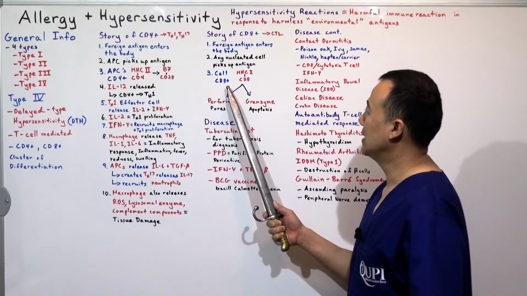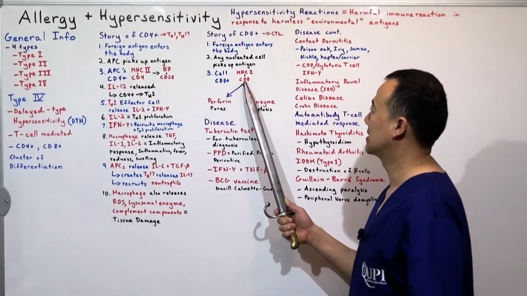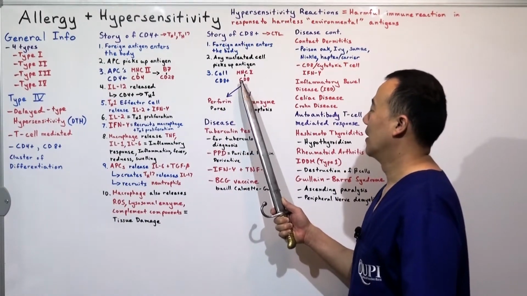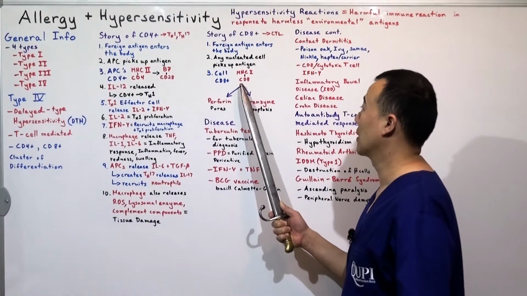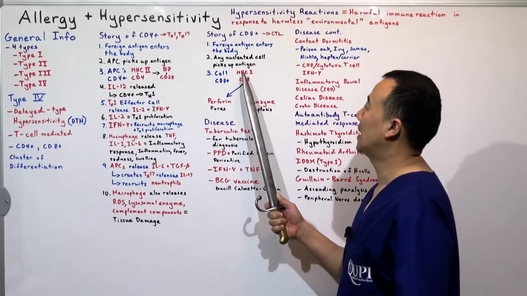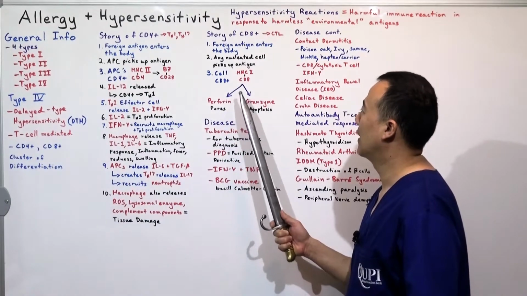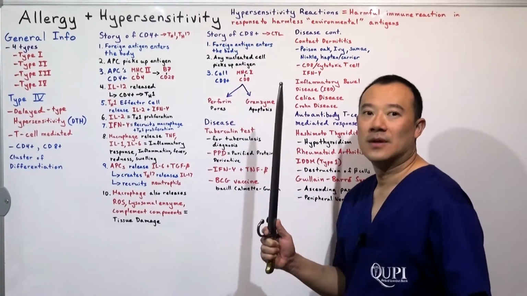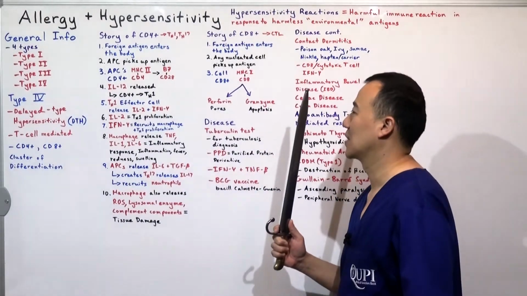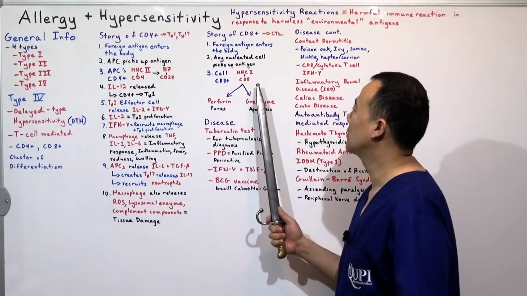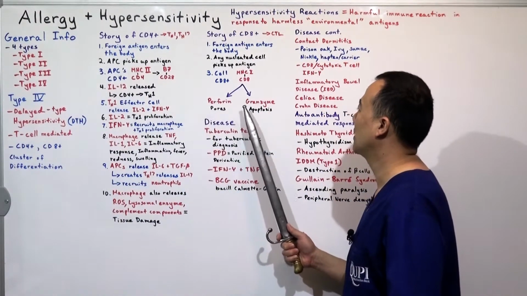And the CD8 would have a T cell receptor of CD8 linking up to that MHC1, okay, and it will say, oh, this antigen is no good. We need to release things. And the CD8 would immediately release perforin and granzymes.